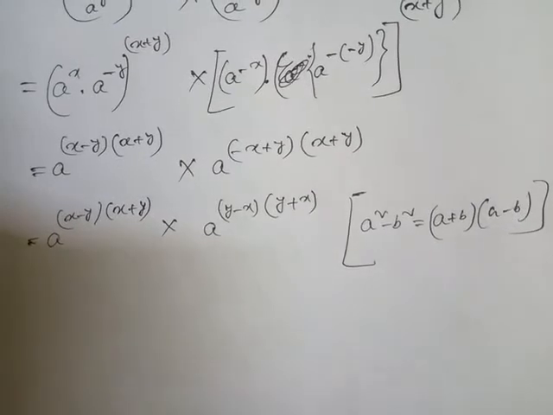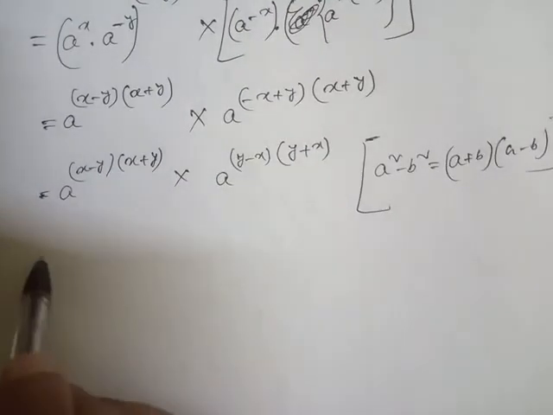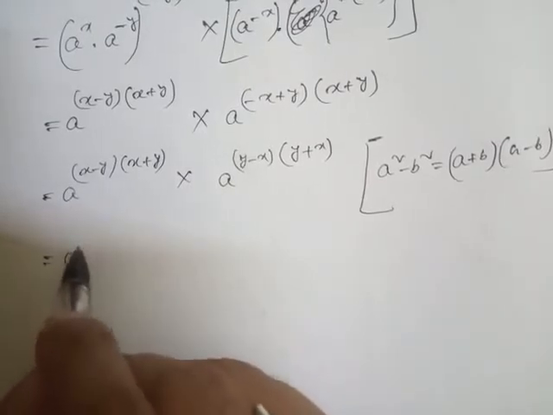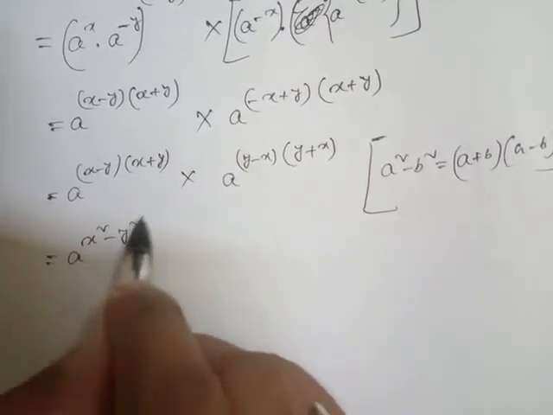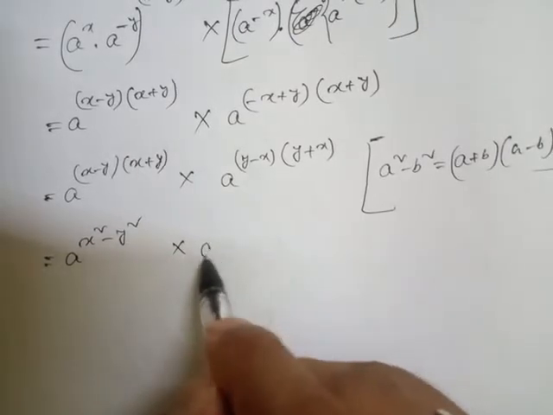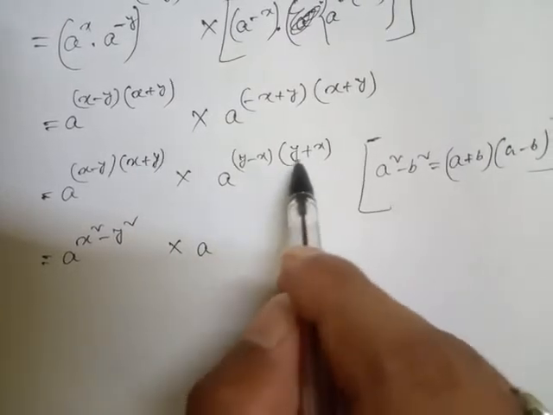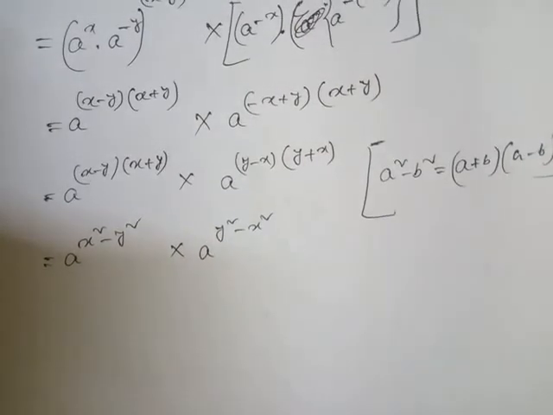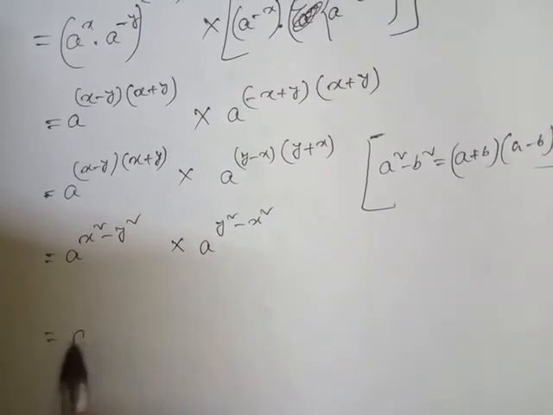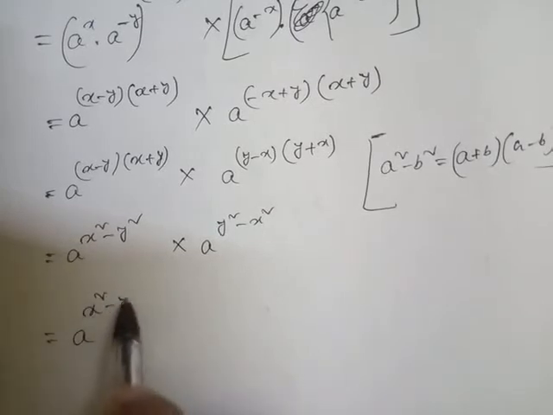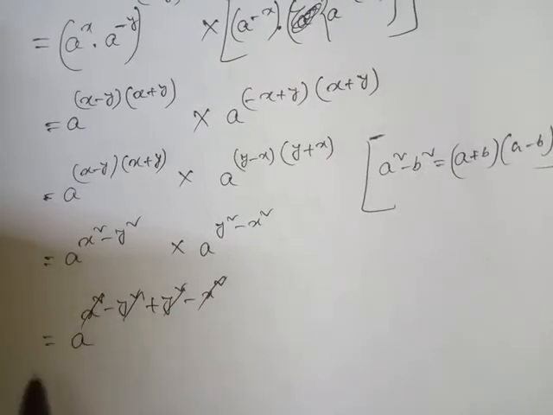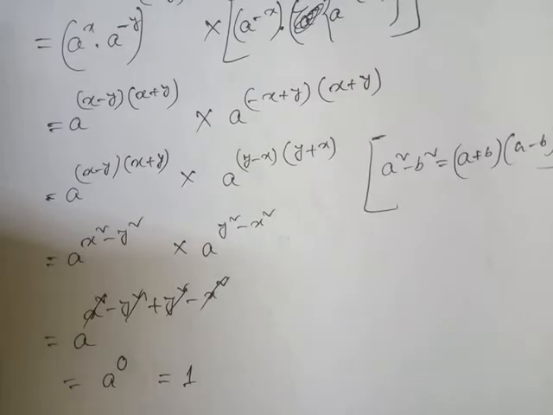Now if I use the formula here, a plus b into a minus b means a square minus b square, into here is also a to the power a plus b into a minus b, which means a square minus b square. Now the base is the same so the powers should be added. Base a, then x square minus y square plus y square minus x square. Now cancel all this, the answer becomes a to the power 0. A to the power 0 means 1.